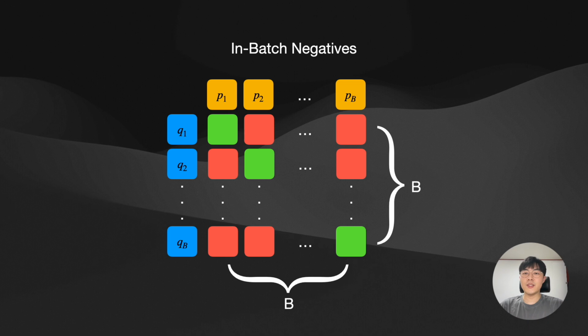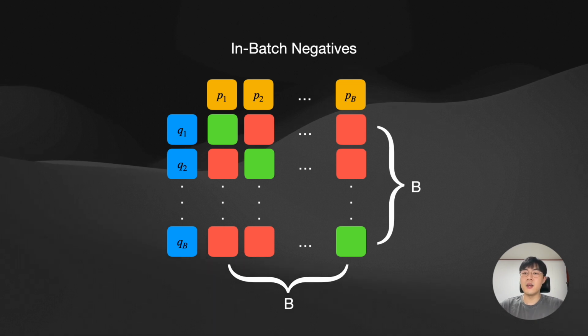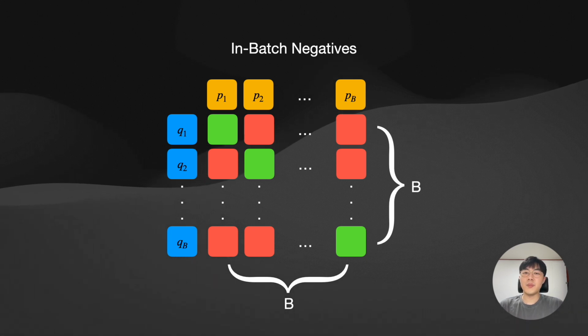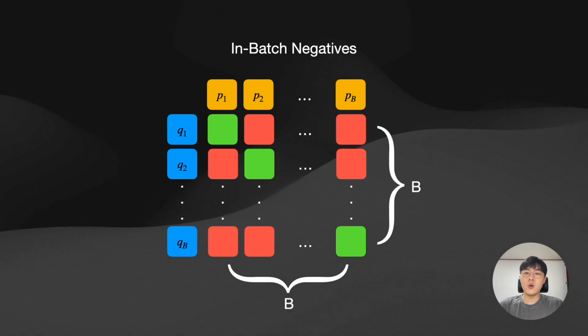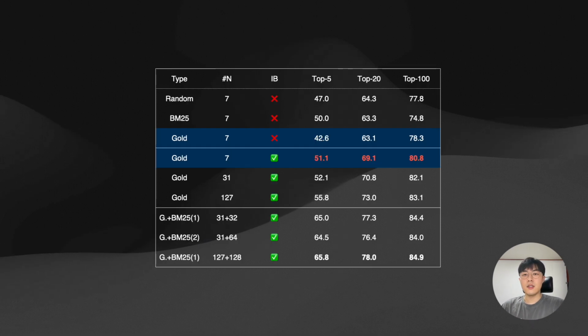Then for all queries and passages, you can make a B by B matrix of similarity scores where each row corresponds to a question paired with B passages. In this way, we can reuse computation and effectively train on B-squared question passage pairs in each batch. In this figure, green boxes indicate the similarity score of positive pairs, whereas red boxes indicate similarity scores of negative pairs. This method is not only computationally efficient, but also achieves great performance.